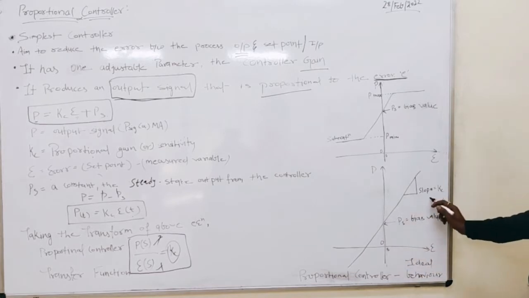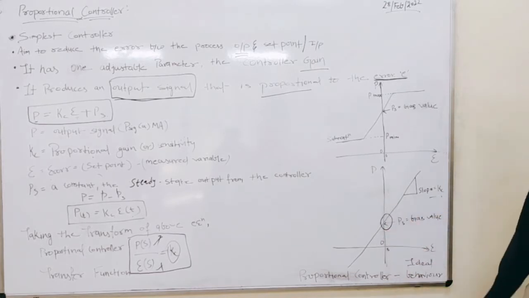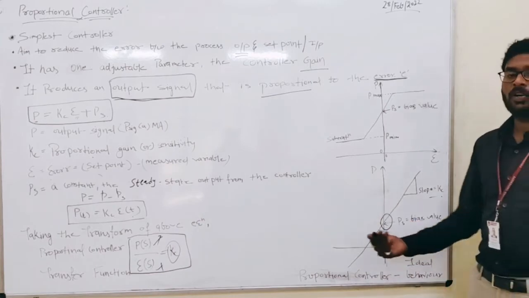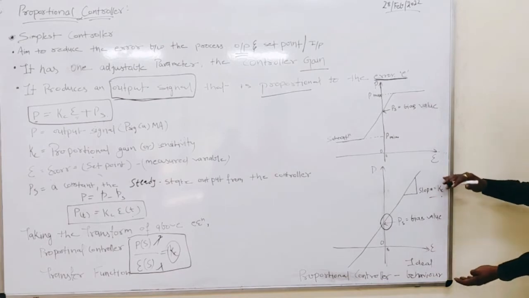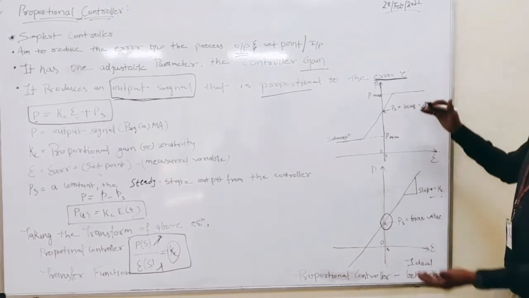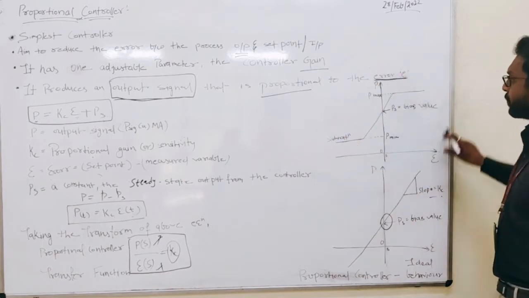You will get a slope here and you will find the bias value, or a constant value, which we call the steady state value. But this is for the ideal case, and that will not happen in actual practice. In actual practice, you can see this diagram here.